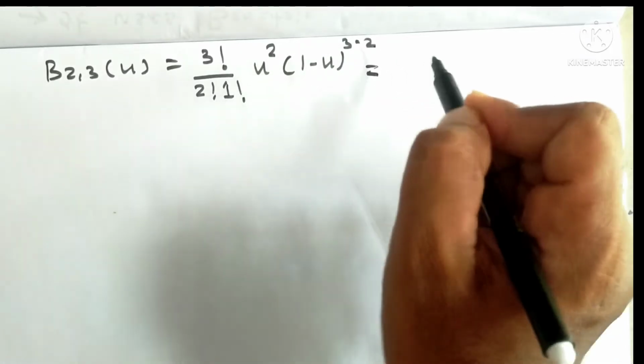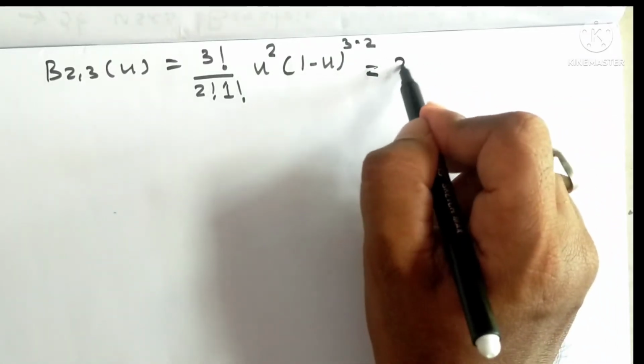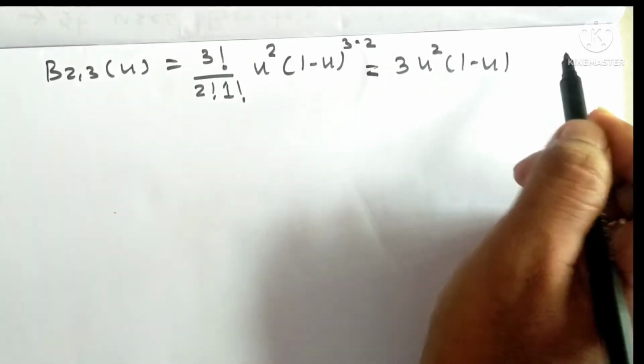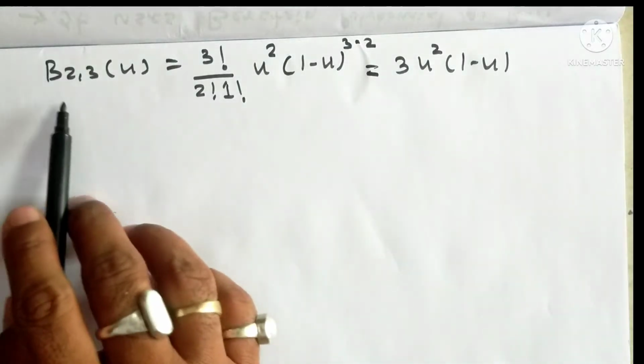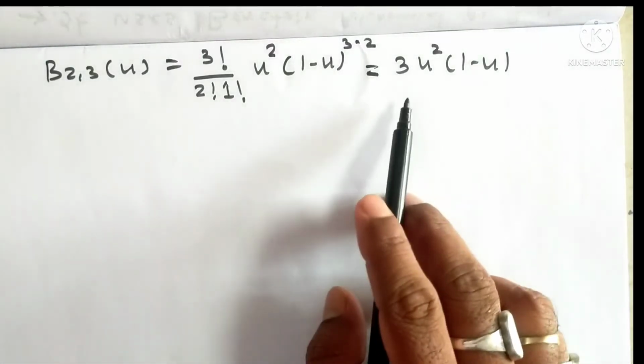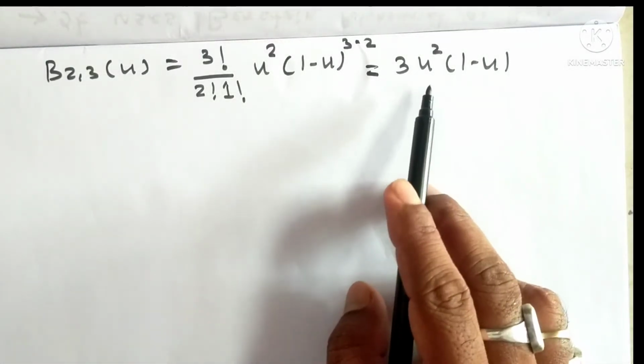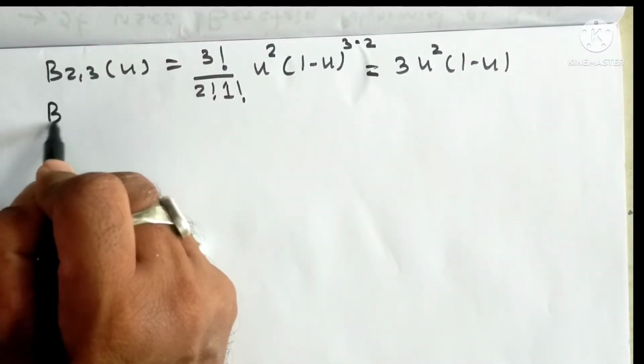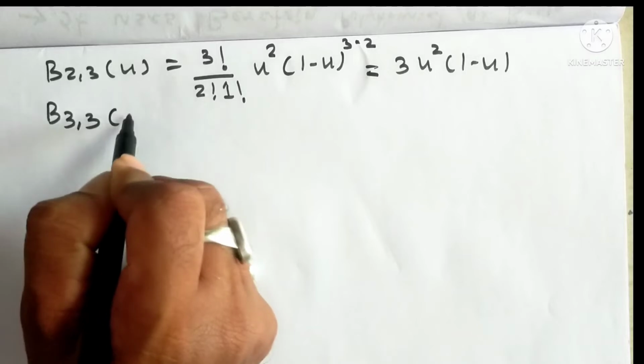Now I can write here 3u square into 1 minus u. So that is the value of B23 of u, that is 3 into u to the power 2 multiplied by 1 minus u.